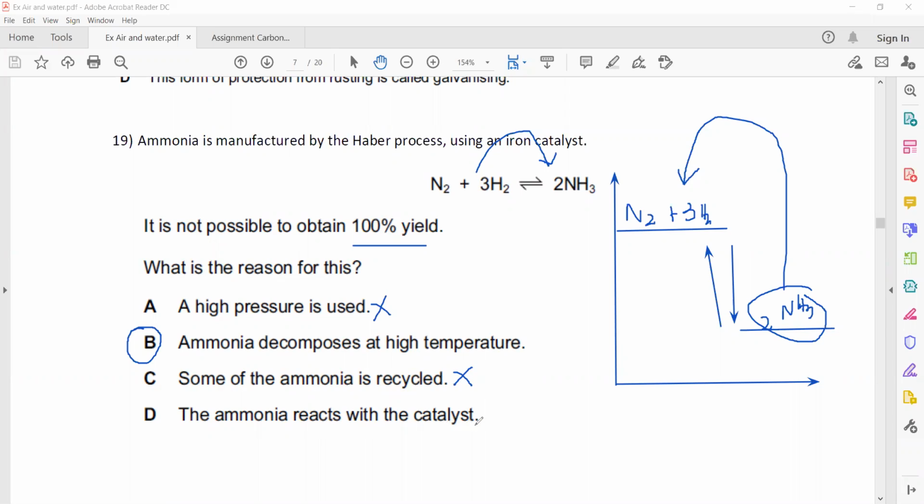Ammonia reacts with catalyst? A catalyst chemically remains unchanged. That's why D is not the right answer. So the correct answer is B. Because of the temperature, the ammonia decomposes and forms back nitrogen and hydrogen. That's why the percentage of the ammonia will decrease.